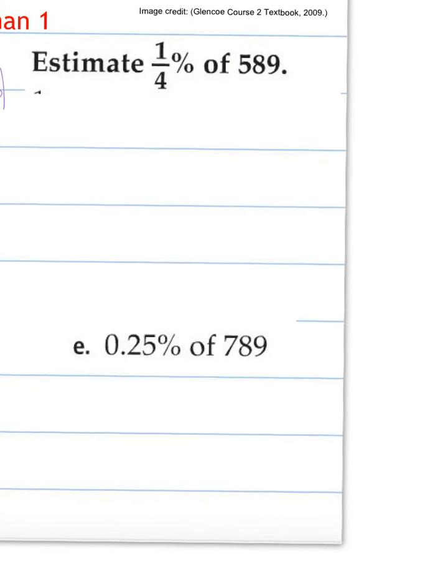Okay, you can also estimate when it is less than 1. So we are estimating 1/4% of 589. So 1/4, we're going to round to 1%, and the 589 is about 600.